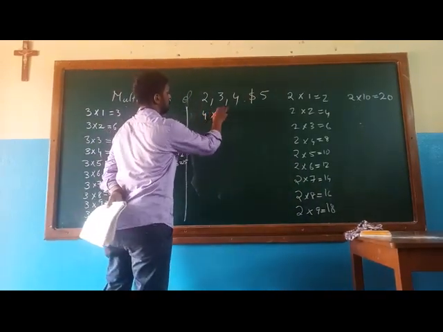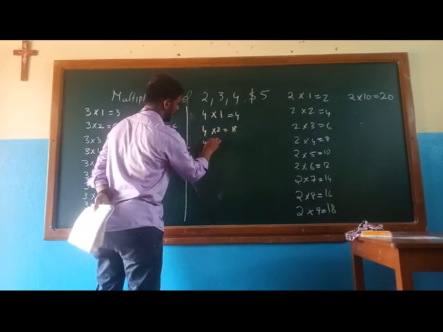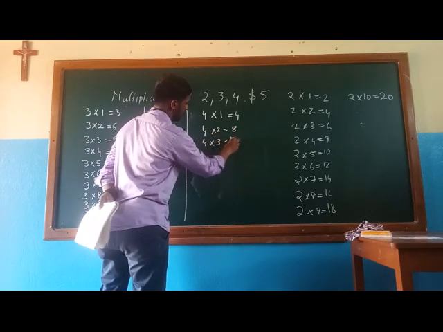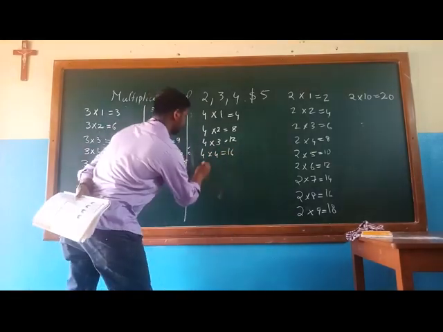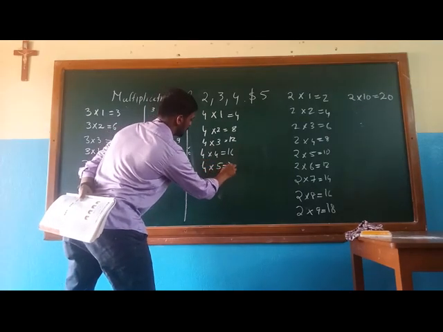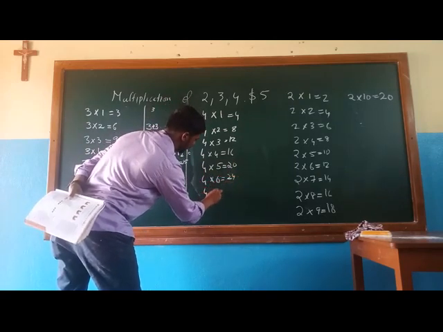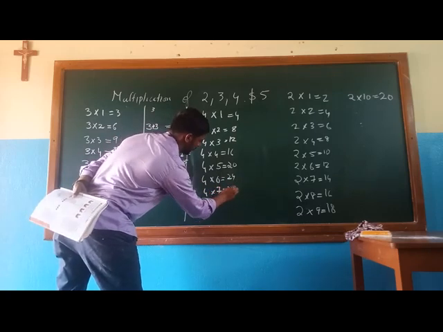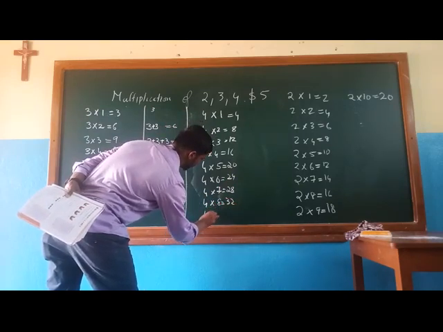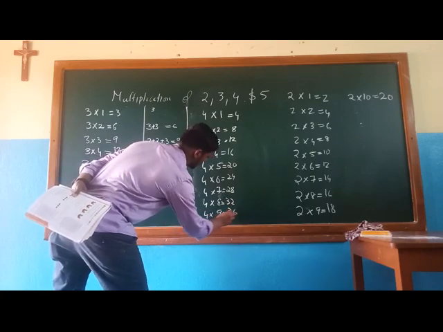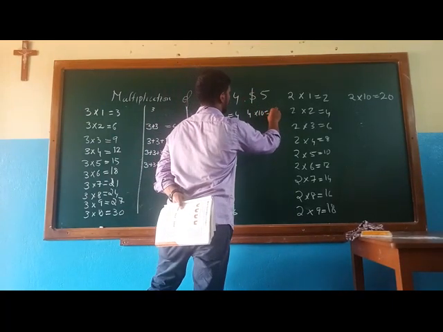So 4 times 1 is 4. 4 times 2 is 8. 4 times 3 is 12. 4 times 4 is 16. 4 5 times is 20. 4 6 times is 24. 4 7 times is 28. 4 8 times is 32. 4 9 times is 36. And 4 10 times is 40.